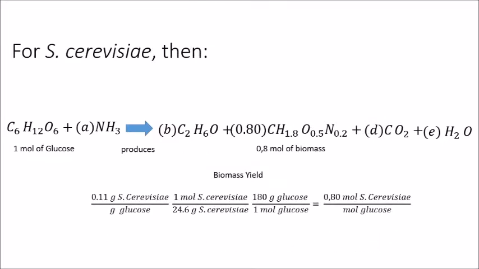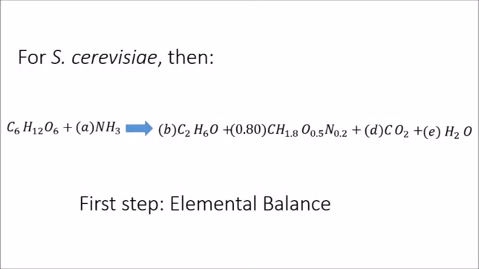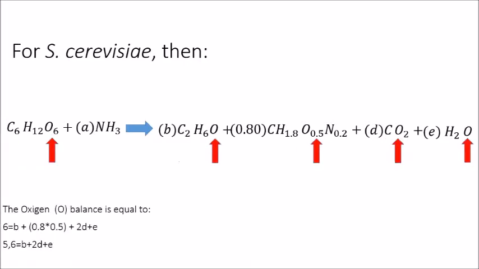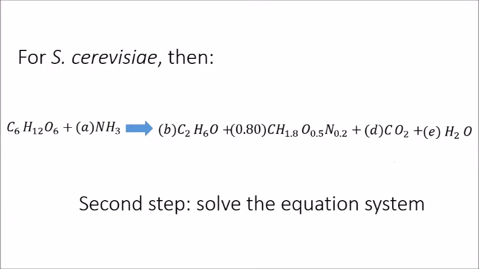Now we are going to find the quantity of ethanol produced by the yeast, Saccharomyces cerevisiae. The first step is to establish the balance for each one of the elements present in the reaction. So we are going to create equations for carbon, hydrogen, oxygen, and nitrogen. The second step is to solve a linear equation system.